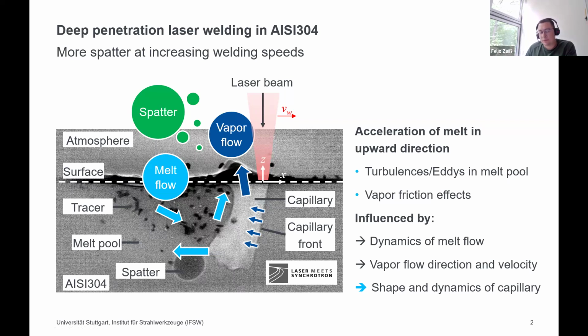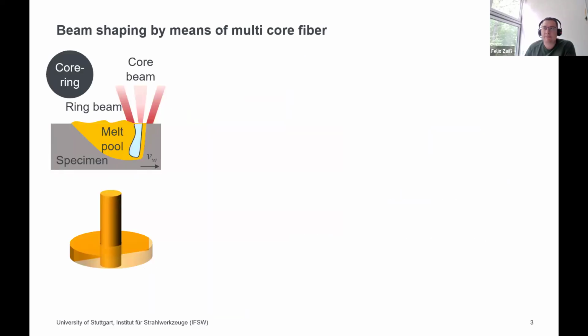To influence the formation of spatter, we can basically change the dynamics of the melt flow. We can change the vapor flow direction and velocity, and both of these are connected to the shape of the capillary. In literature, or what we can find on the market at the moment, there are other beam shaping strategies to address this issue.